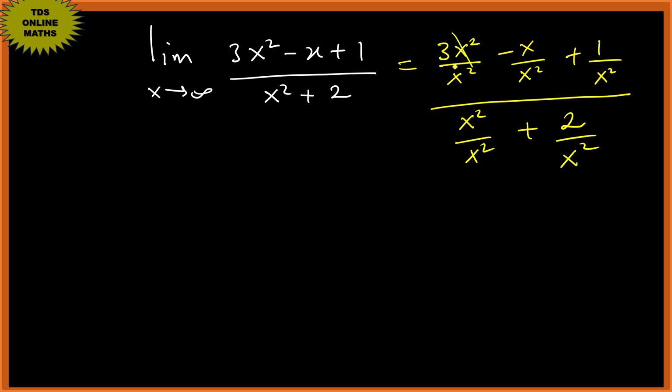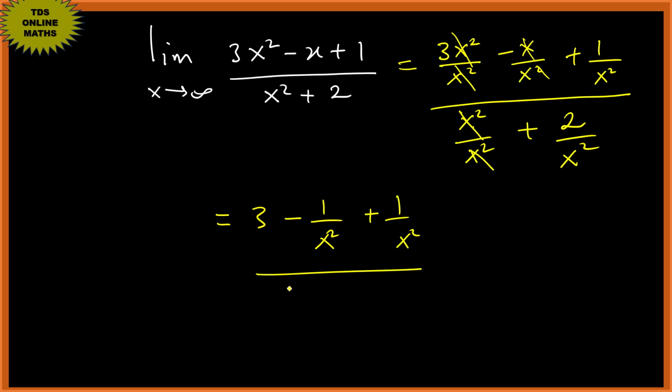This one will cancel. So I have 3 minus 1 over x squared plus 1 over x squared, over 1 plus 2 over x squared.